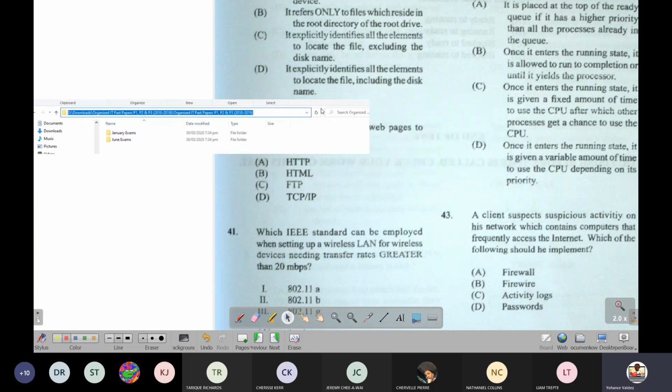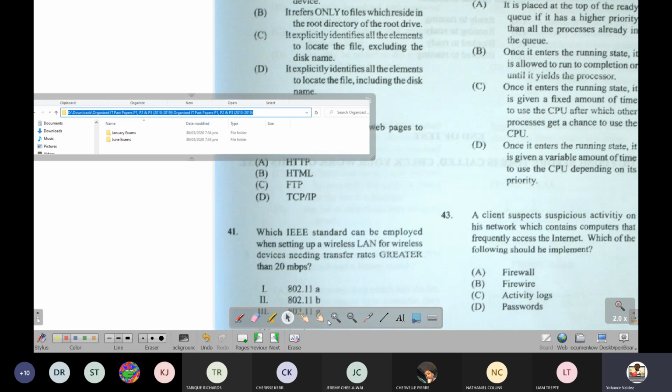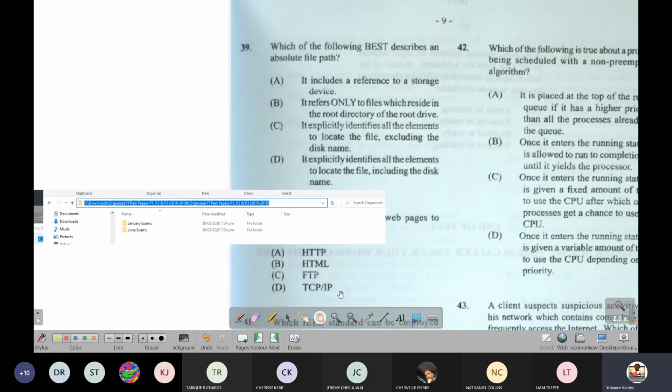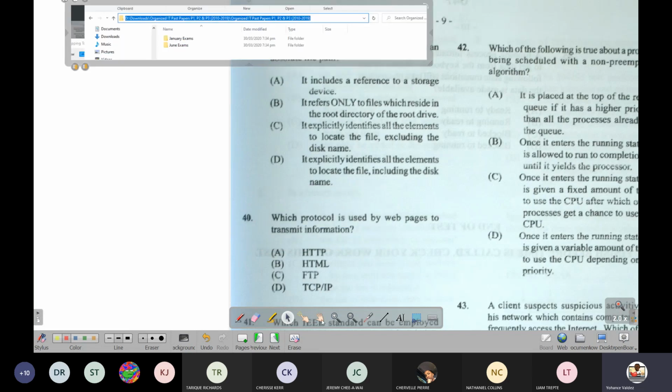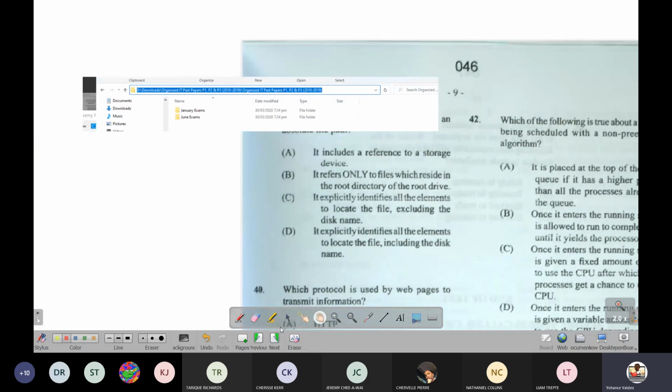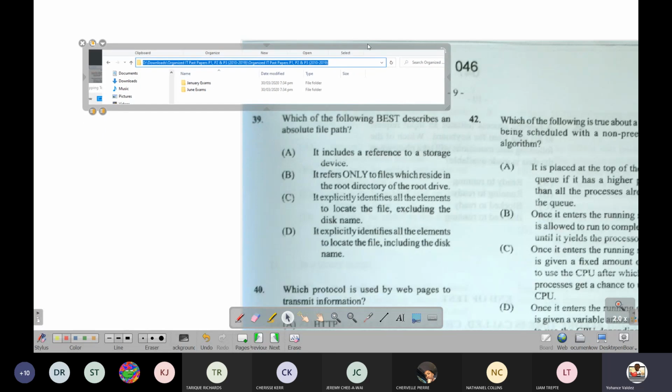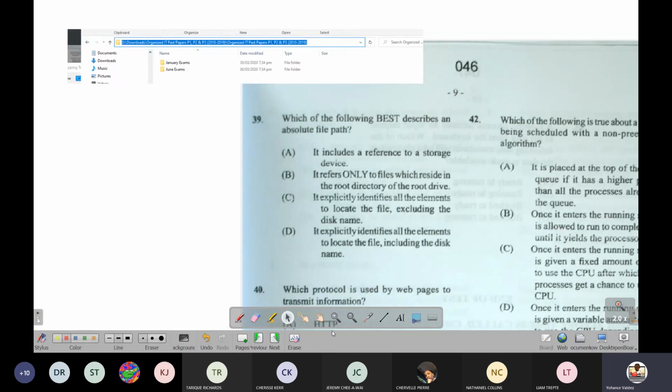Okay, if I wanted to, say for instance, reference a file from another file's location, then I could reference that path relatively to where that file currently is. So a relative file path is something like if on my computer system, I have my C drive, and from my C drive I have different folders.